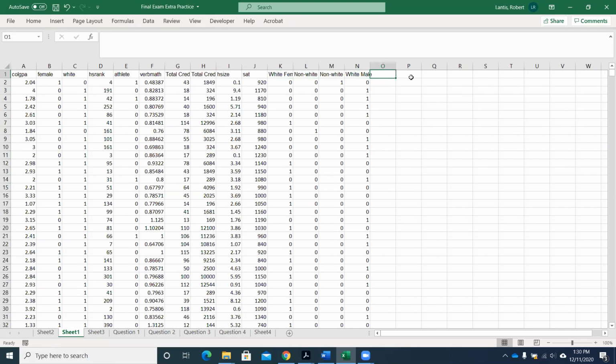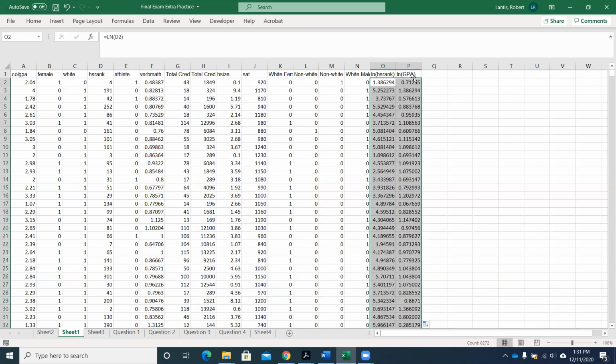So let me do natural log of the SAT score variable. Actually, we'll do high school rank, and then natural log of GPA. So natural log of high school rank, natural log of GPA. So let's say that I do a log-level model.